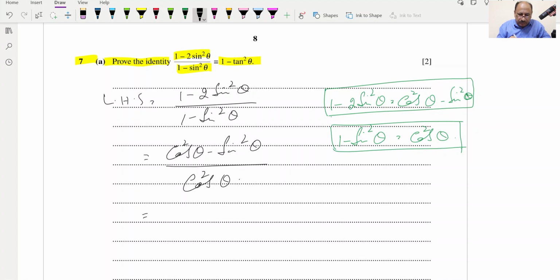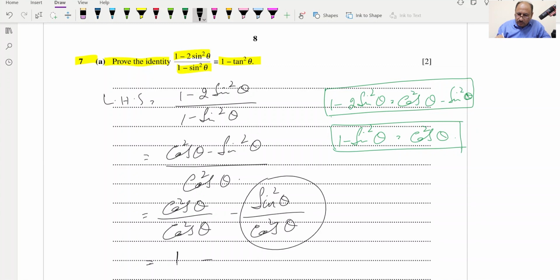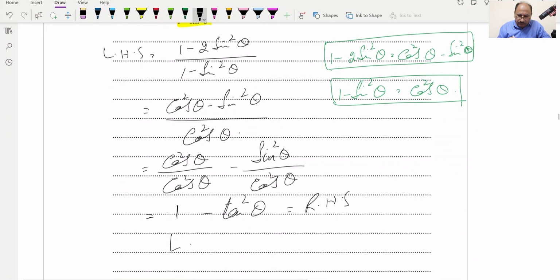Now we can separately write cos squared theta over cos squared theta minus sine squared theta over cos squared theta, and this will be 1, and minus sine squared theta over cos squared theta is tan squared theta, so we can write tan squared theta. This is equal to the right hand side, so hence the left hand side is equal to the right hand side. This is proved.